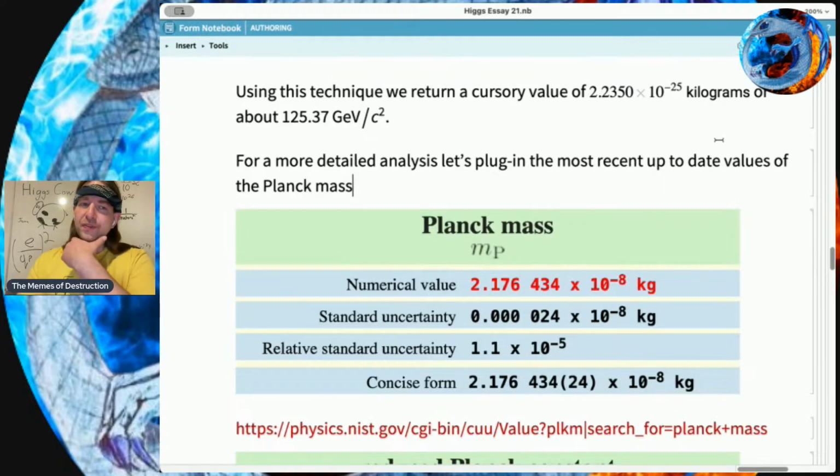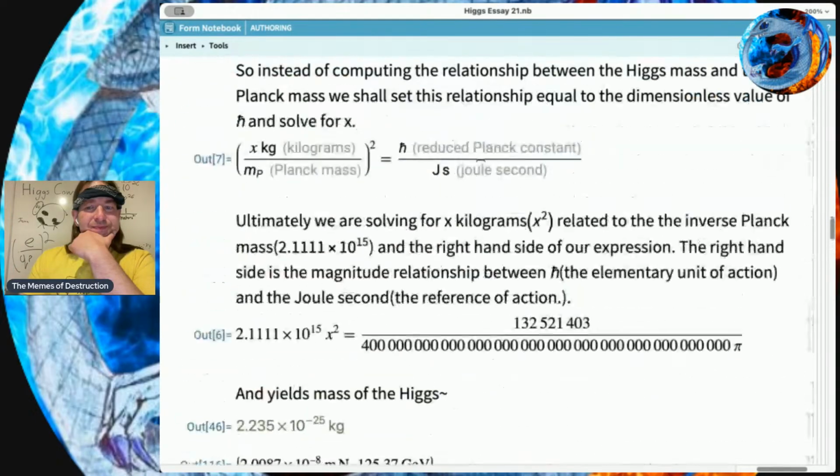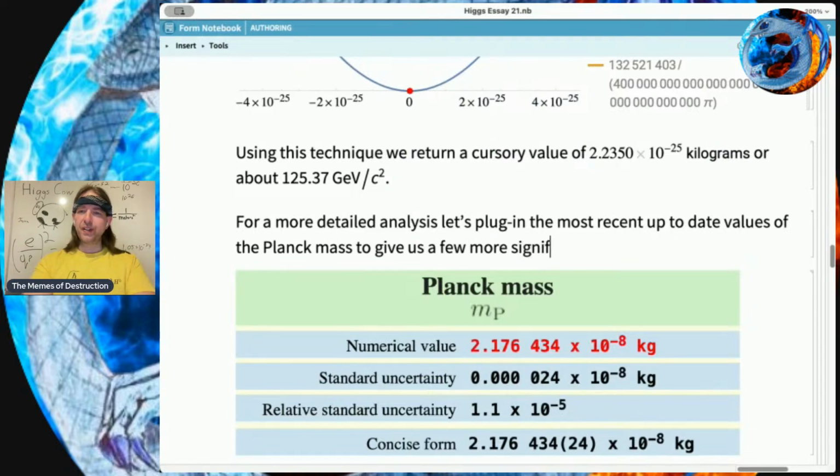I mean, H bar is defined within the Wolfram language, so we don't even need that. But to give a few more significant digits.